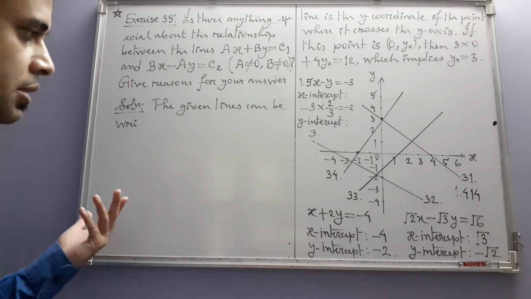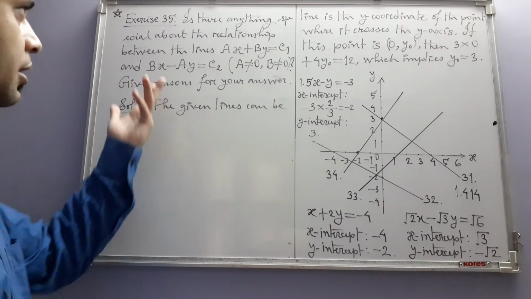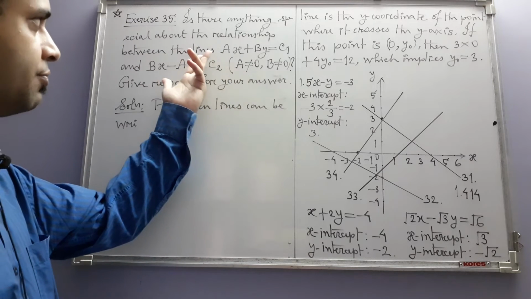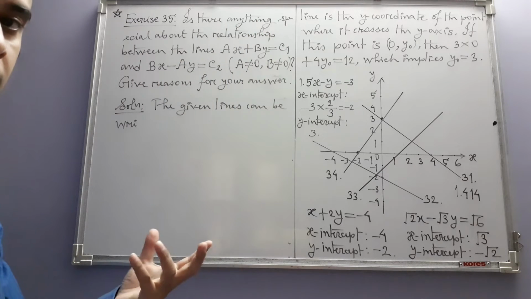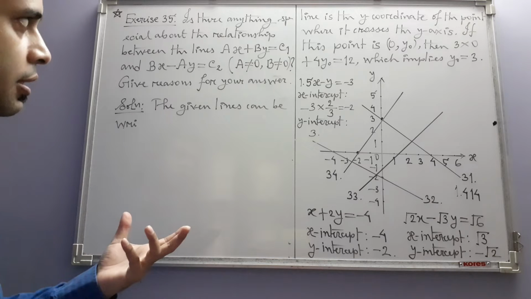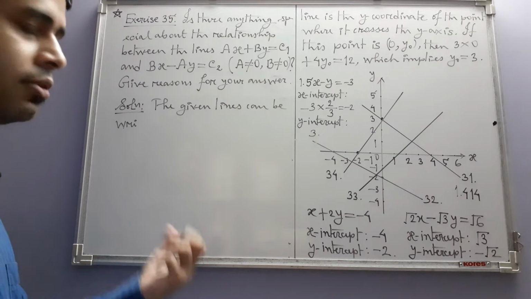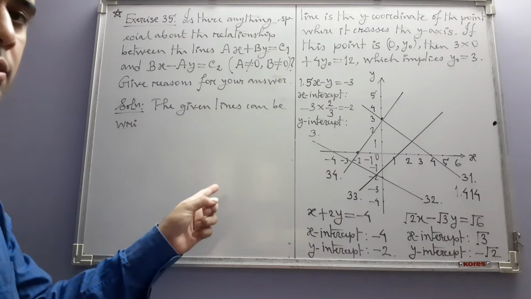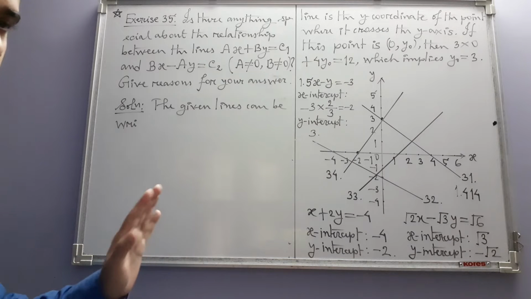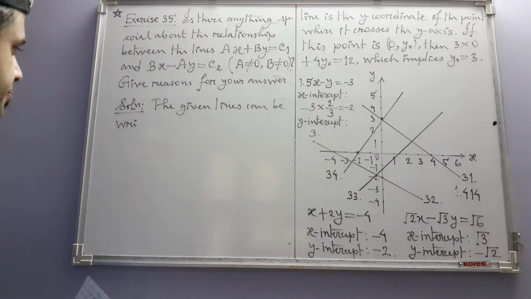So we may simply say between the lines like this, as if this itself is the line. Strictly speaking, it's not the line, but it's an algebraic equation which represents the geometric line, but we are not going to make that distinction.